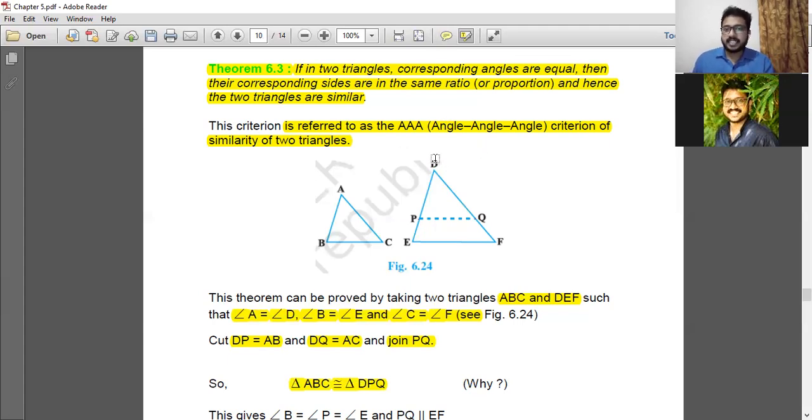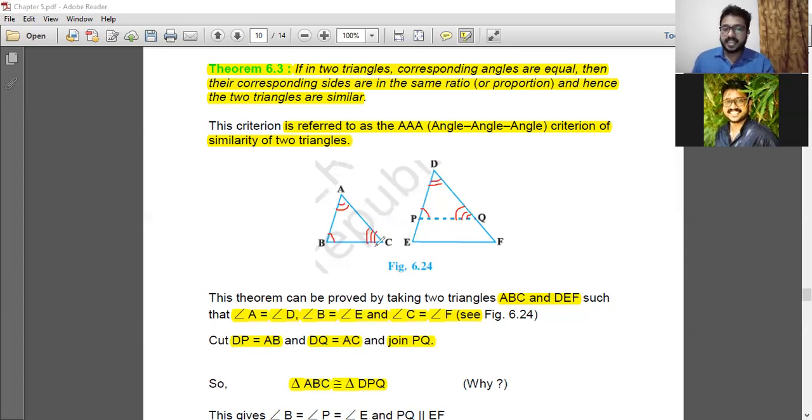Now what does it mean? It means that angle B is equal to angle P and angle A is equal to angle D, correct? And what is the remaining angle? Angle C is equal to angle Q, right? Fine. And what about our initial condition?